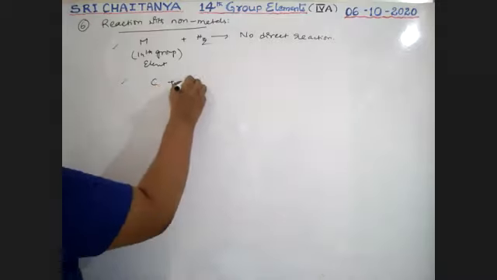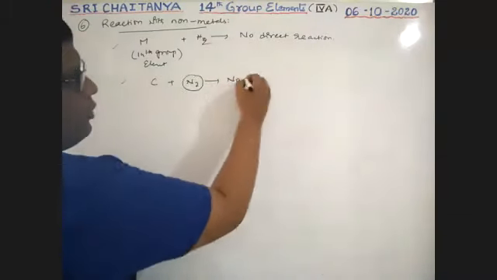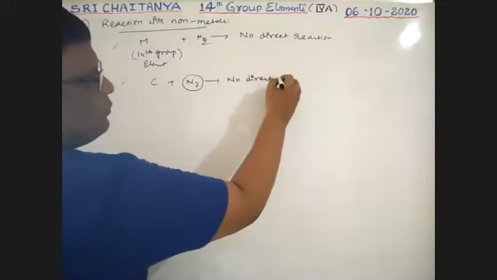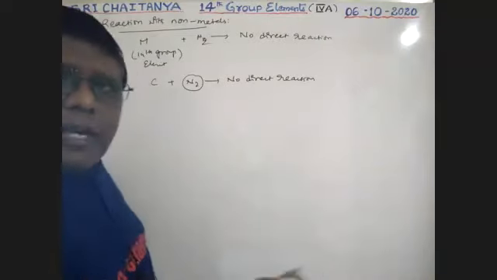Carbon with nitrogen, no direct reaction. Nitrogen is also a non-metal, no direct reaction. But other elements can react with nitrogen.